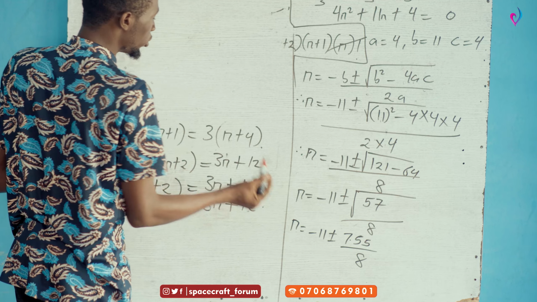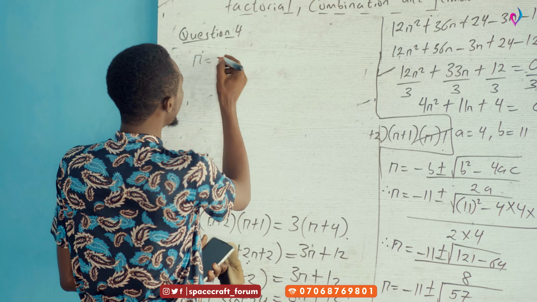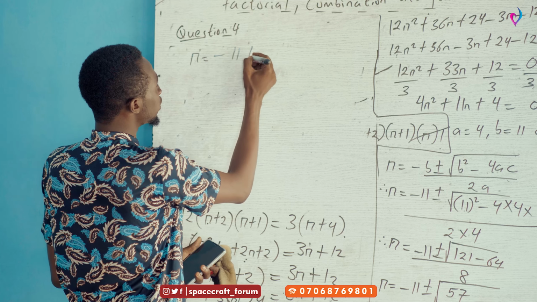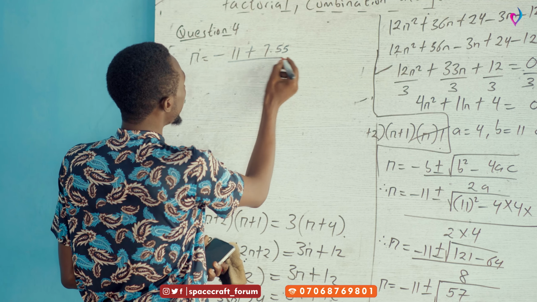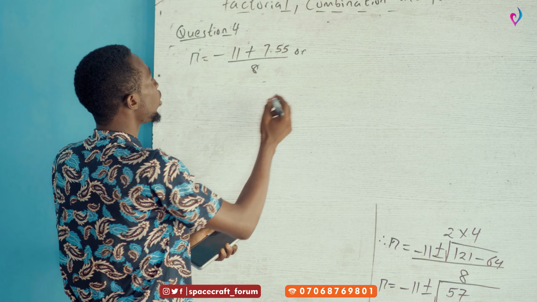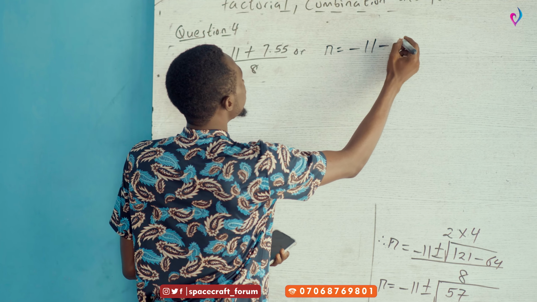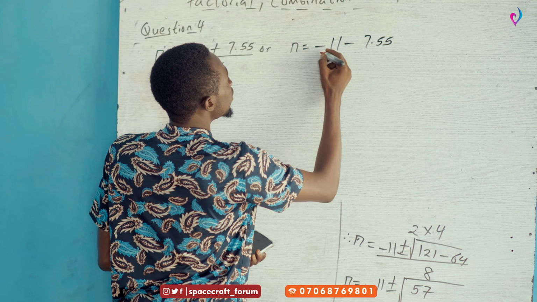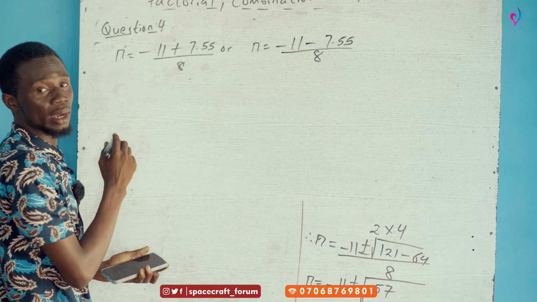From here, let's continue. We have n is equal to minus 11 plus 7.55 divided by 8, or n is equal to minus 11 minus 7.55 divided by 8. So we can easily punch this inside our calculator.